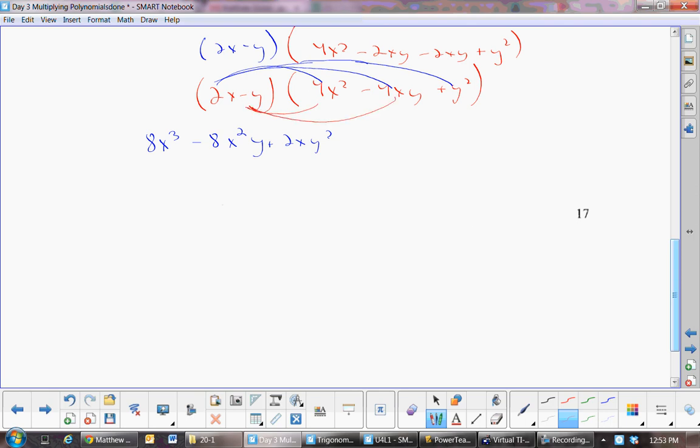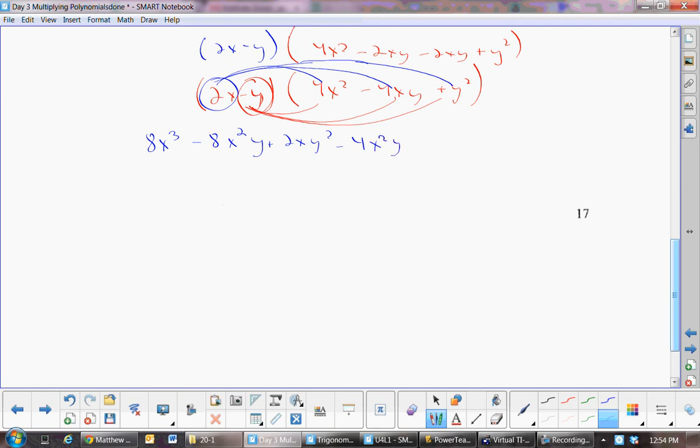What is that thing? A negative y, isn't it? So be very careful. Now we're just doing the negative y. We just finished doing the 2x. So negative y times 4x squared, negative 4x squared y.